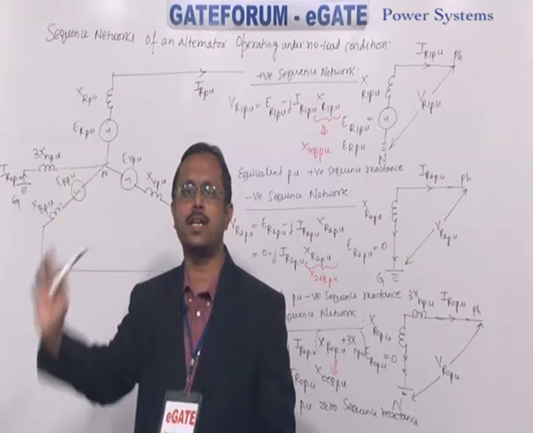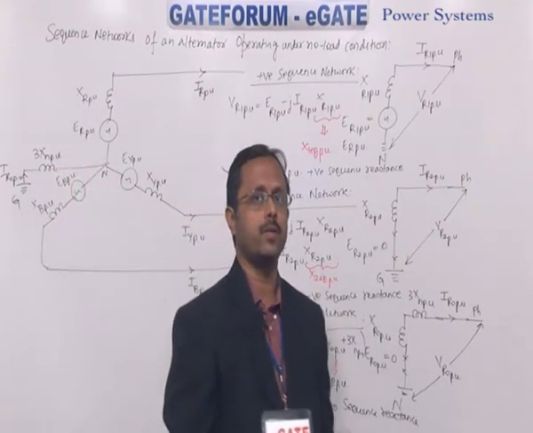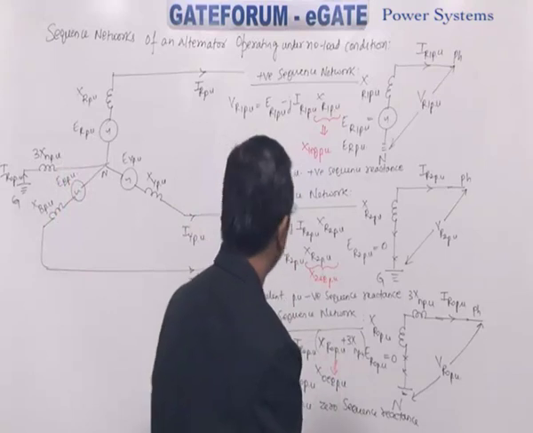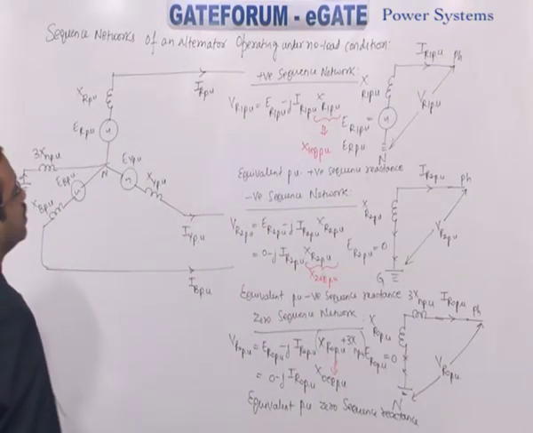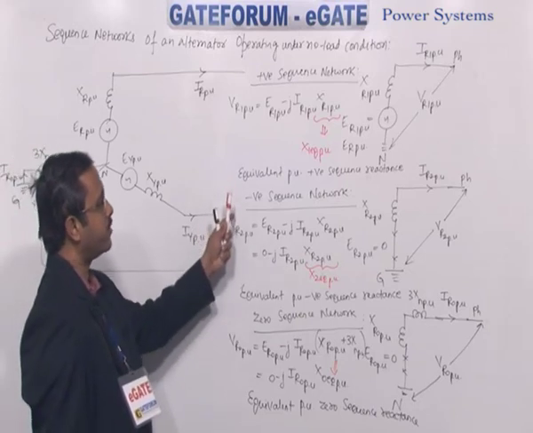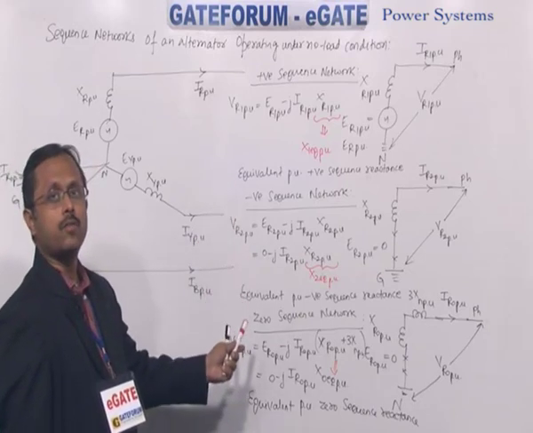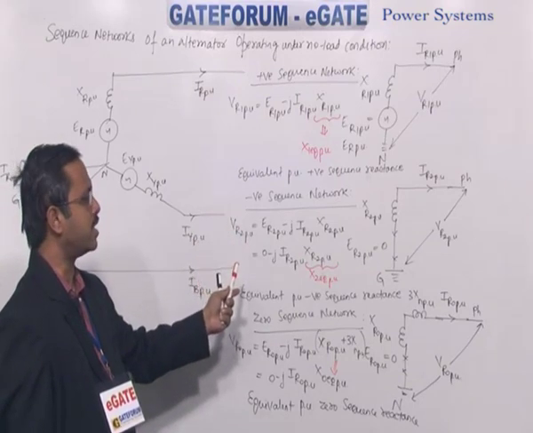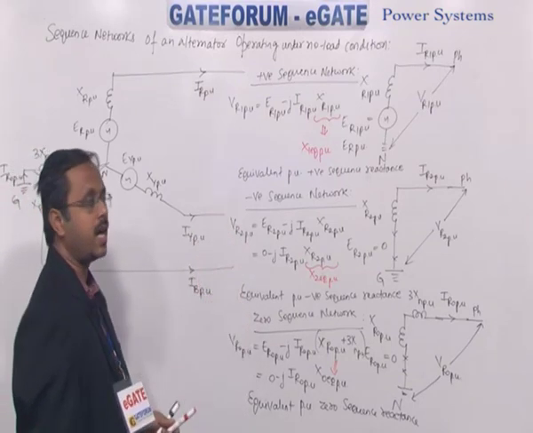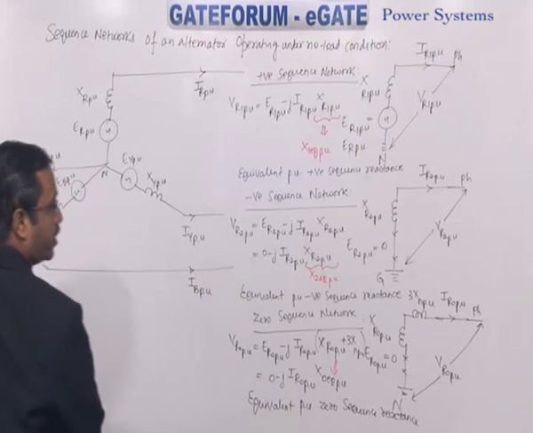So what is the reactance? 3XN per unit. So this is how you draw the sequence networks for the positive sequence network, negative sequence network and zero sequence networks.